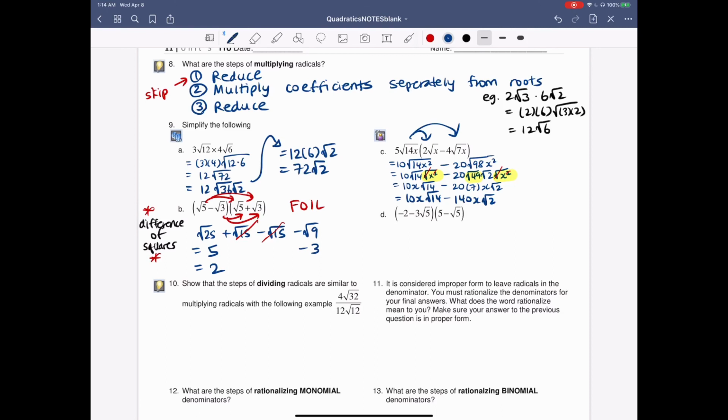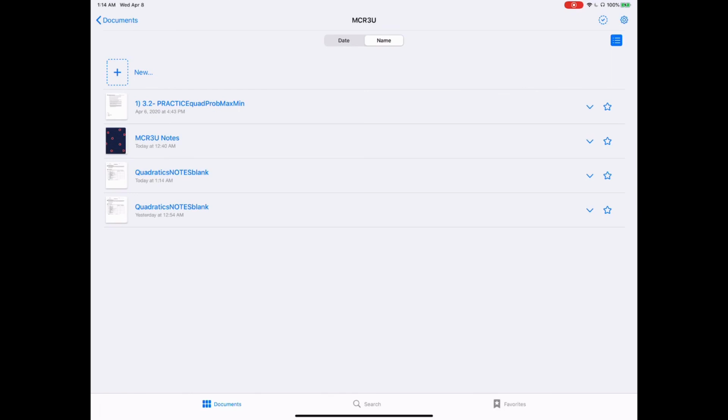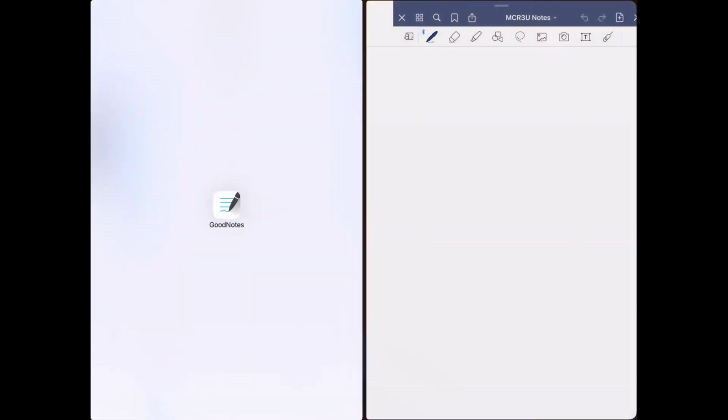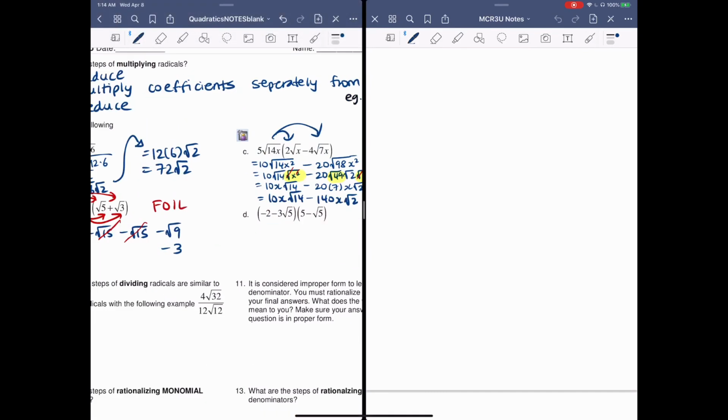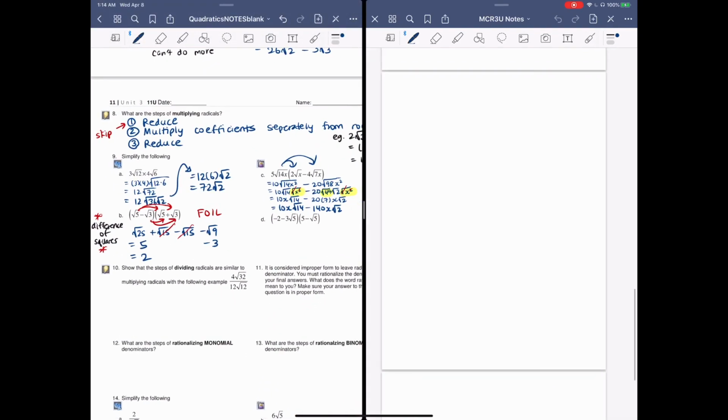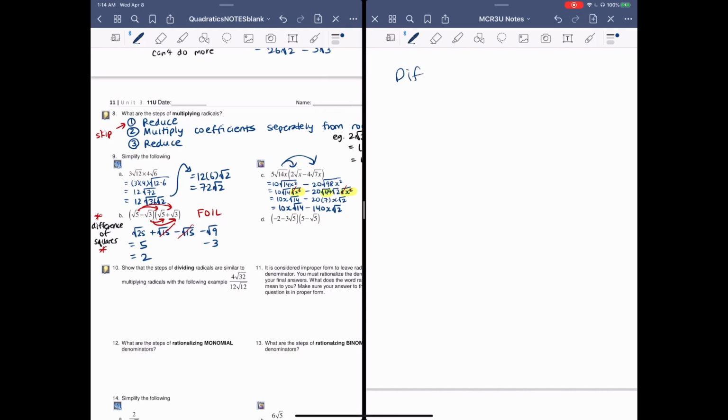So we knew that the middle values were going to cancel out by difference of squares. And remember, difference of squares, as a reminder, is when we have a minus b, a plus b, which simplifies to a squared minus plus ab minus b squared.